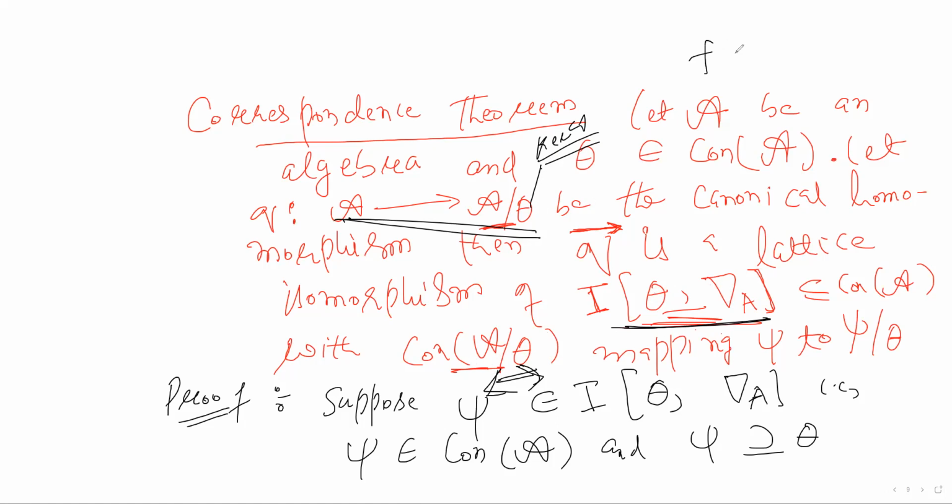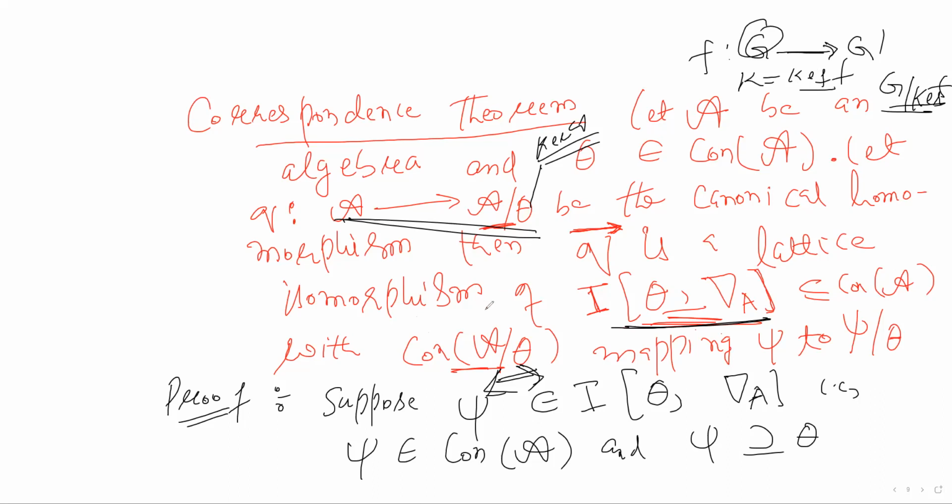If I have F from a group G to a group G dash, a homomorphism of groups with K equal to kernel of F, then there is a one-to-one correspondence between the subgroups of G containing kernel of F to the subgroups of the quotient group G by kernel of F. So we have a similar sort of situation here.